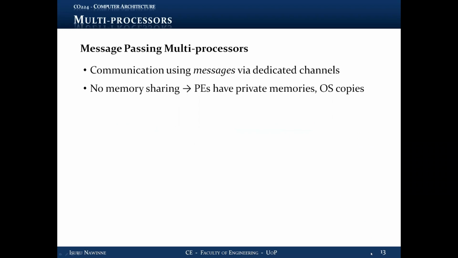Okay, so now we talked a lot about shared memory multiprocessors. We talked about uniform memory access.